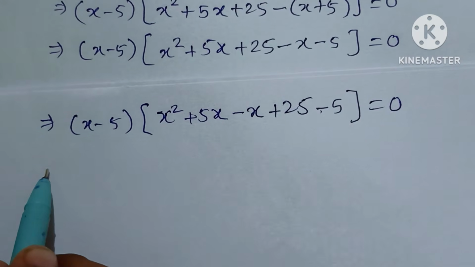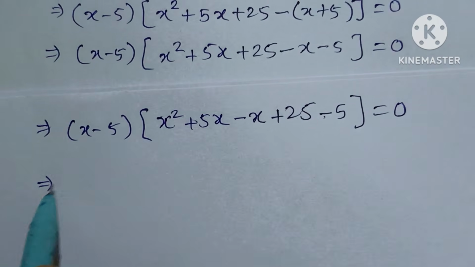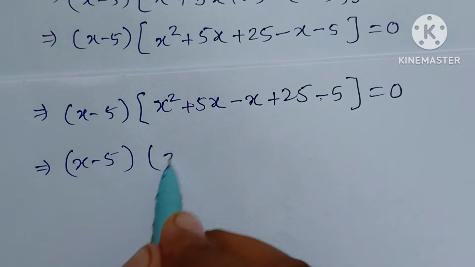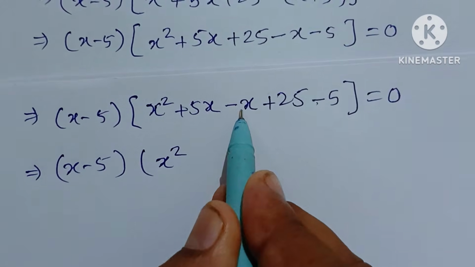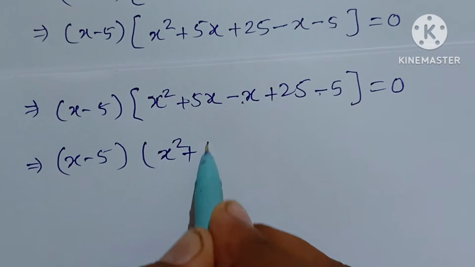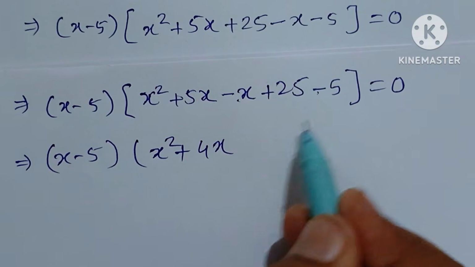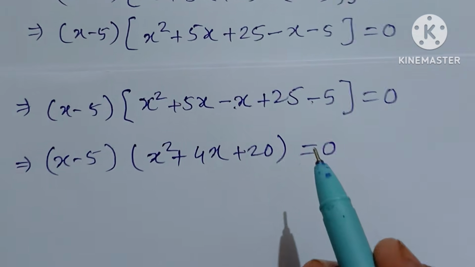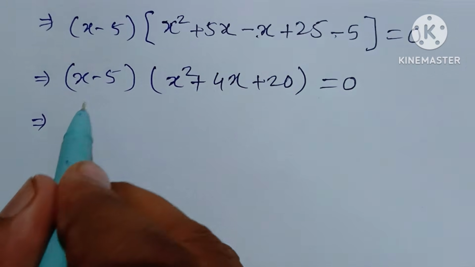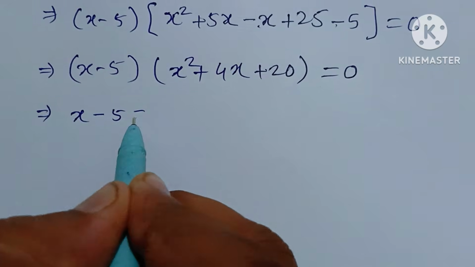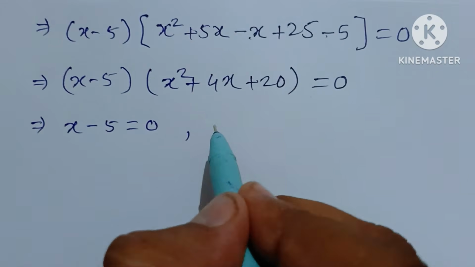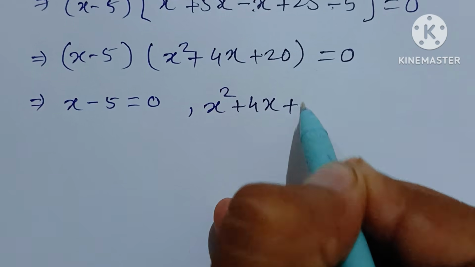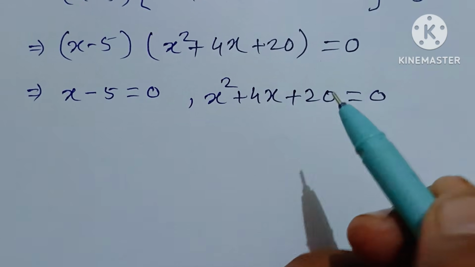Now x minus 5 in bracket x square, 5x minus 1x, that is plus 4x, 25 minus 5 is plus 20, equal to 0. We can solve this one. x minus 5 equal to 0 and x square plus 4x plus 20 equal to 0.